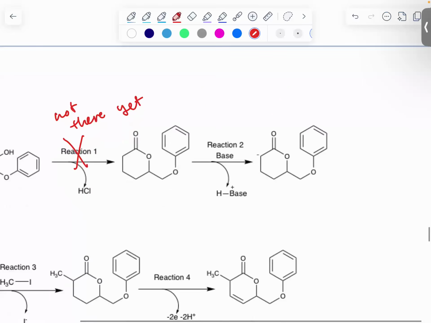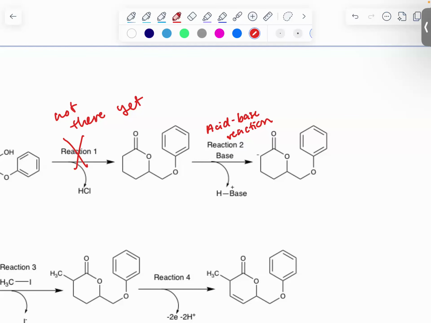What's going on here? Yeah. What is that called? Acid-base reaction. How can we identify an acid-base reaction?